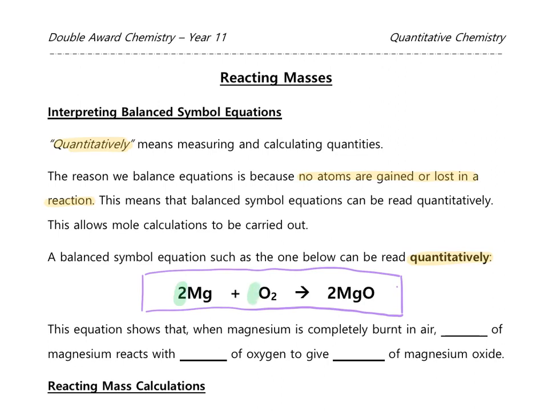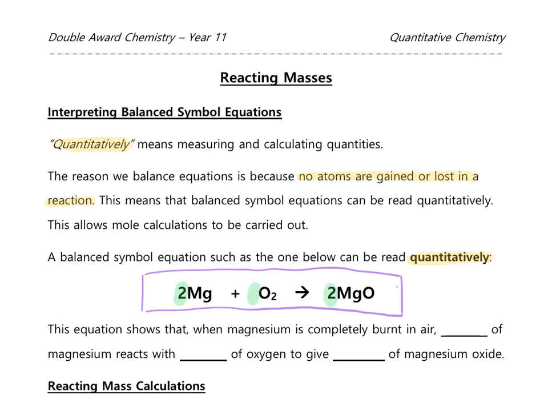There's no number in front of my oxygen, so essentially that's just 1. Okay, and there's a 2 in front of the magnesium oxide, my product. And these balancing numbers are essentially there to make sure that I have the same number of magnesium and oxygen atoms on the left hand side of the equation as the right hand side, because as we said, no atoms are gained or lost in a reaction.